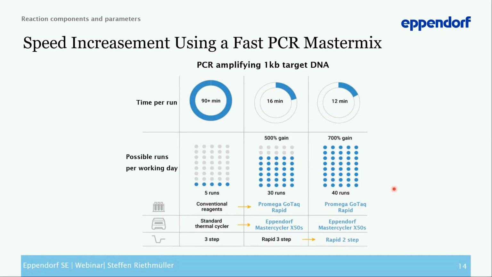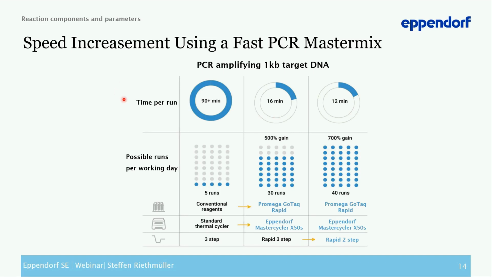And sometimes I had to book the device or a time slot for the device 1 or 2 days in advance in order to be able to use the thermocycler. And it would have been beneficial to use fast PCR master mixes at this time because with these master mixes, you can perform many more runs per day.